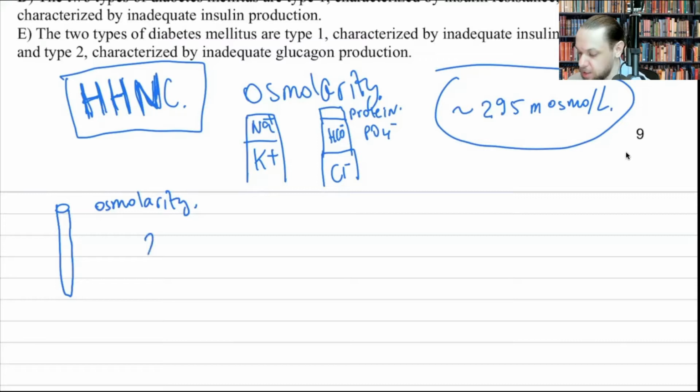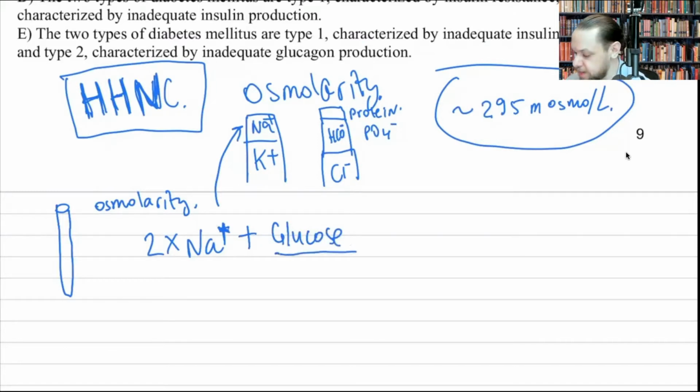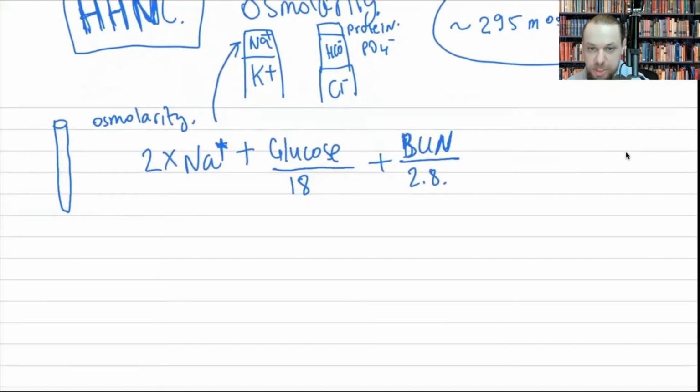It's roughly 2 times your sodium, your positive ion, plus your glucose, the amount of glucose in your blood sugar level, divided by 18, plus your blood urea nitrogen, one of the tests for your kidney function and how concentrated your urine is, divided by 2.8.